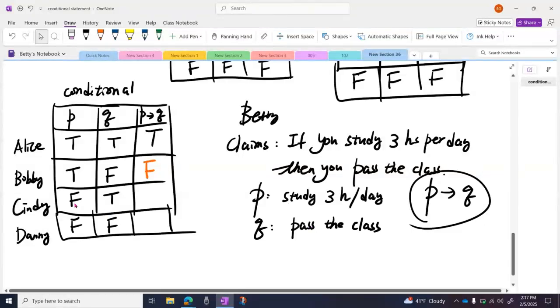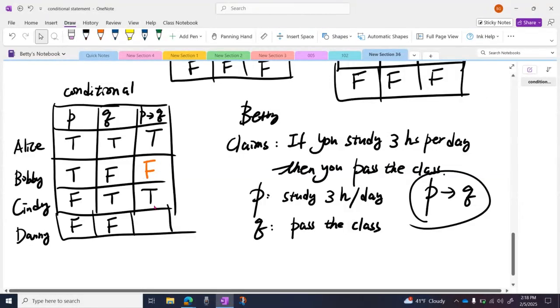But my claim does not apply to Cindy because the condition, the antecedent, is not met, right? Whether the consequence occurs or not is not what I claimed. I did not claim anything about what happened to Cindy. So that does not make my claim logically wrong. That is true. That is T.